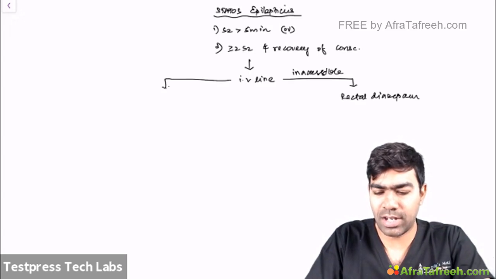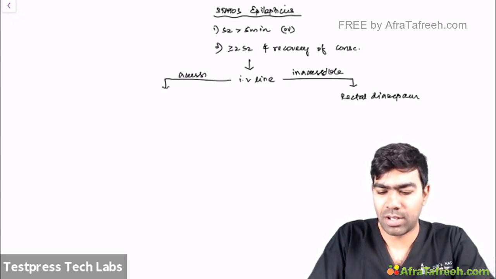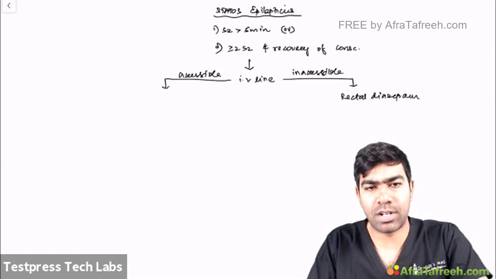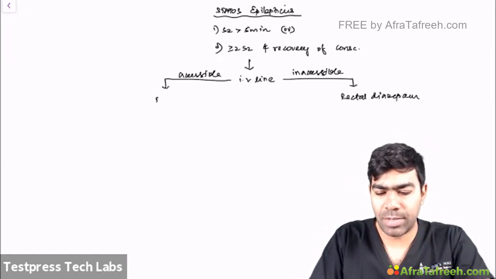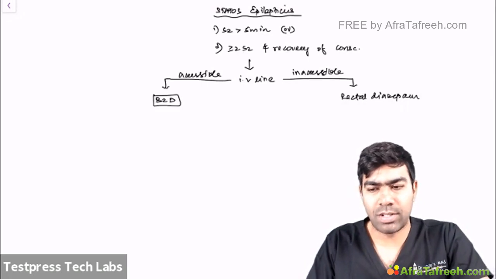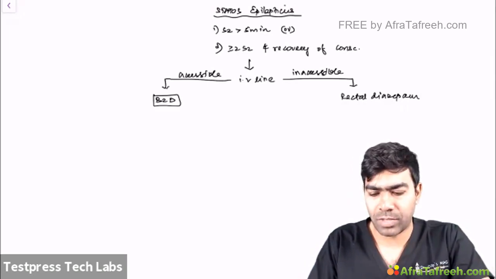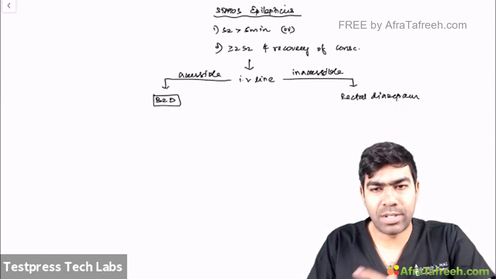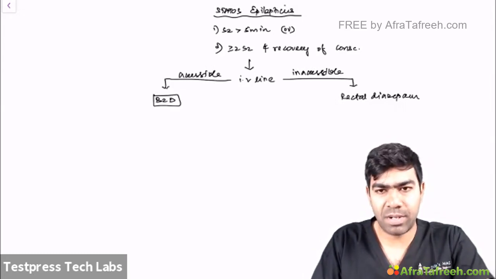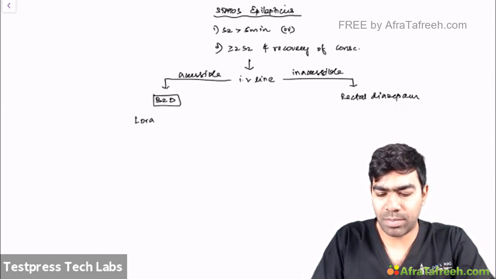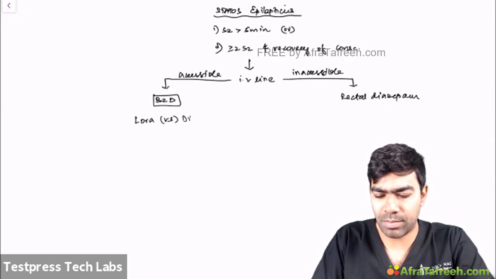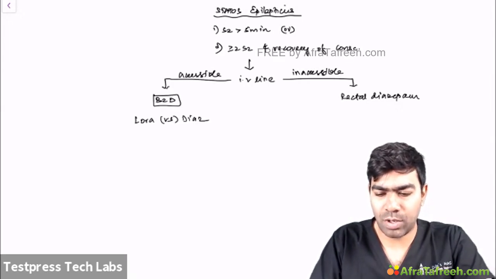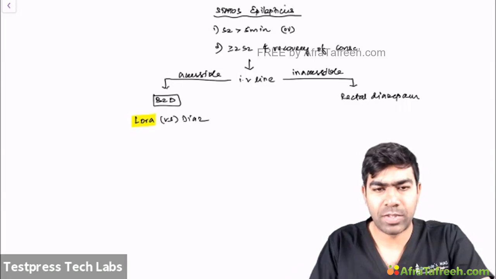Suppose the IV line is easily accessible, which is also an extremely common scenario. In this setting, benzodiazepines are going to be the first choice drug, to control the seizures first. As far as benzodiazepines are concerned, the preferred one is lorazepam versus diazepam. Of course, we are going to prefer lorazepam as the first choice drug.